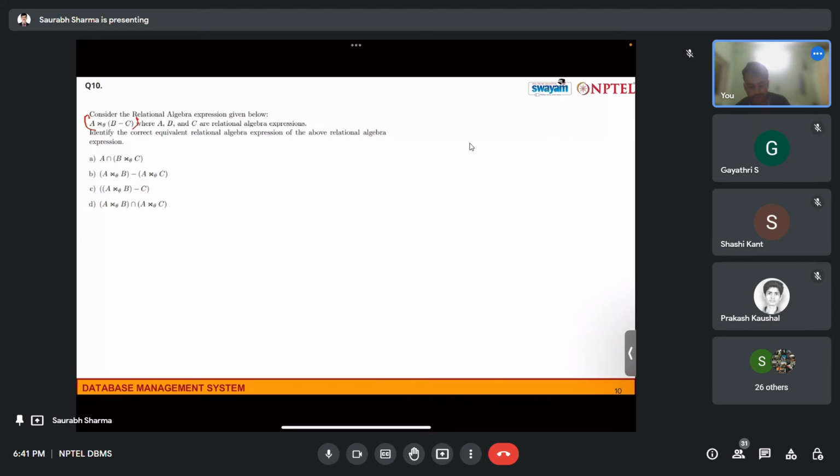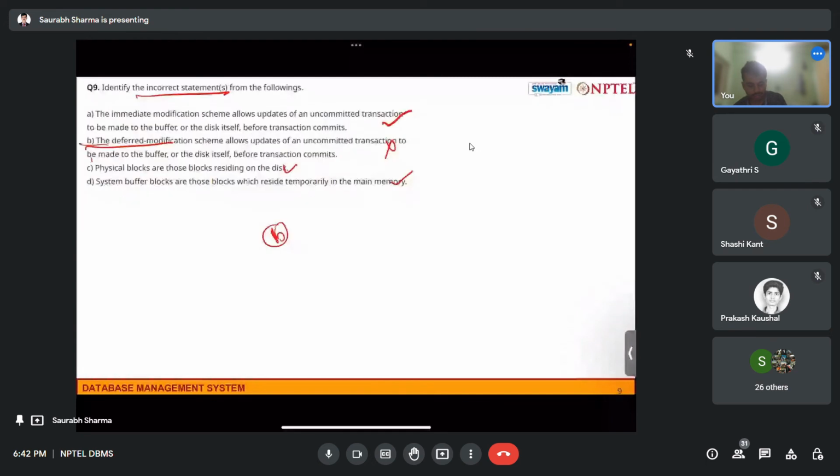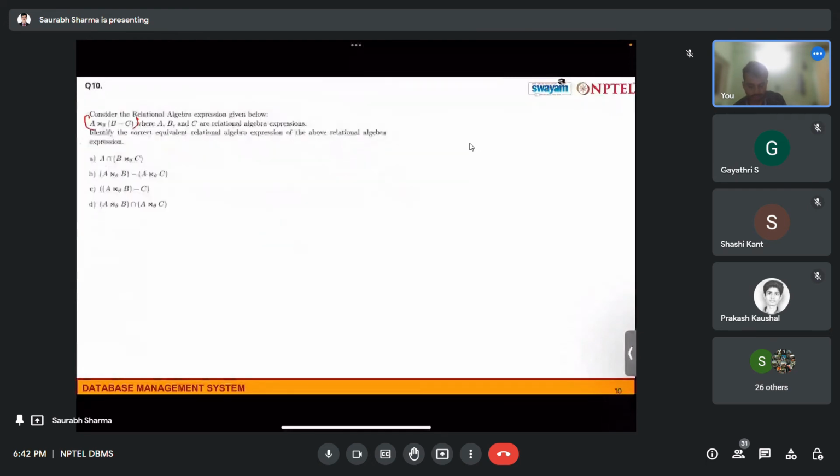Identify the correct equivalent relational algebra expression of the above. If we go through equivalency, the operation before this bracket actually gets distributed. So by that it is actually the correct one.